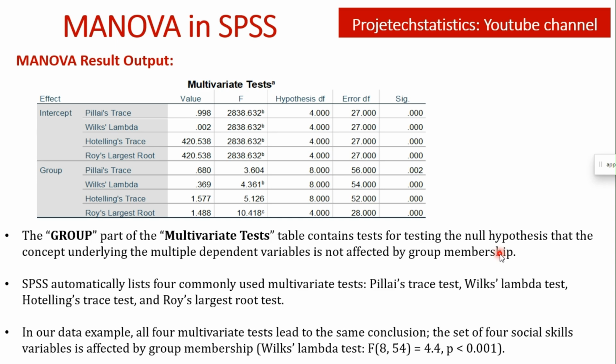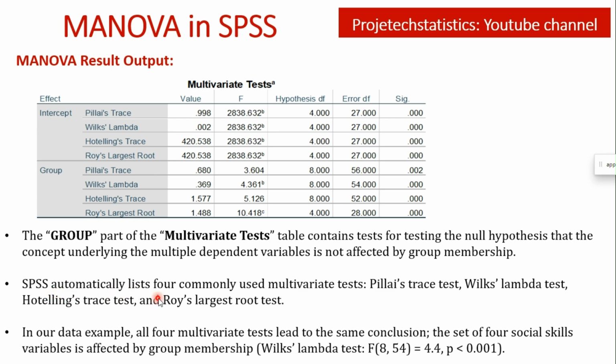You can also say that group membership does not have a significant effect on social confidence. That's another way you can state the null hypothesis: the group membership of the subjects had no significant effect on their social confidence.